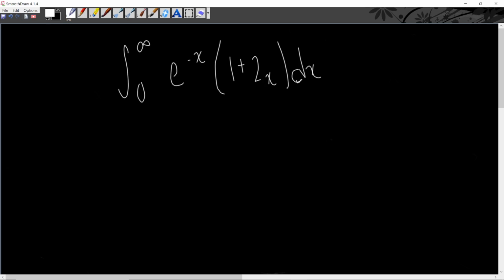Now this is going to be one of the more common types of improper integrals where we have an infinite limit. So let's set t, which isn't equal to infinity. t is just a value that we're going to substitute for infinity. So we have the limit as t approaches infinity of this integral from 0 to t of all of this.